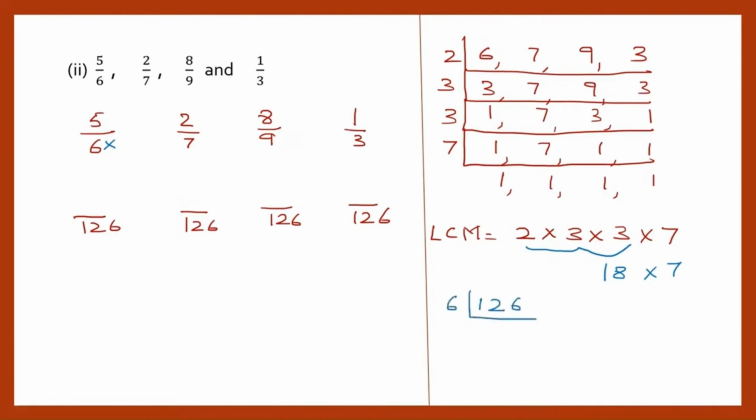Let's try. 6 twos are 12, 6 ones are 6. So that is 21. 6 into 21 will give me 126. So 5 into 21. Let's multiply 21 into 5. 5 ones are 5, 5 twos are 10. So my new numerator is 105.